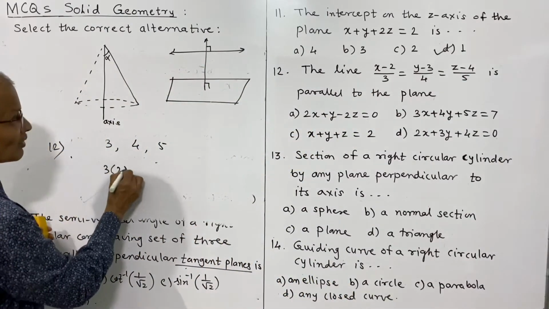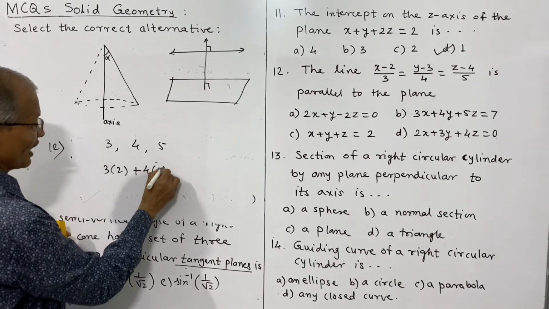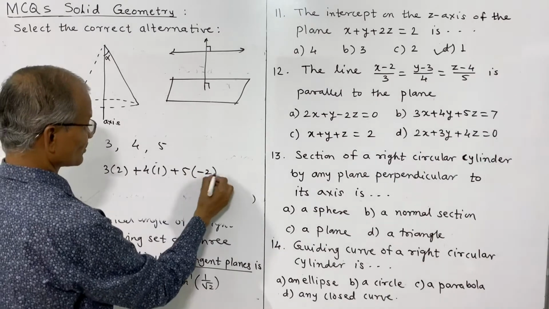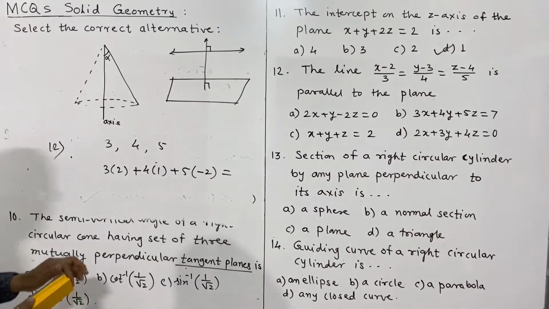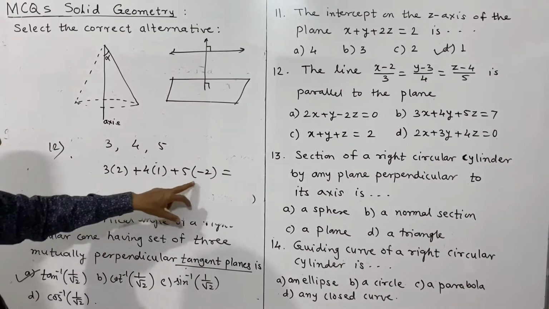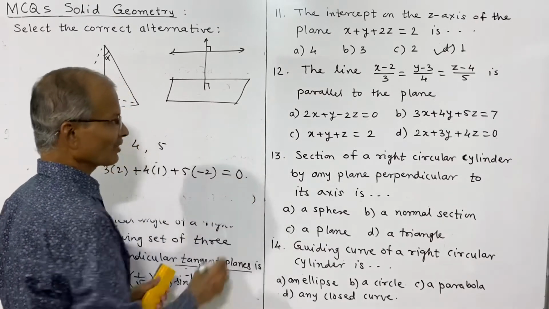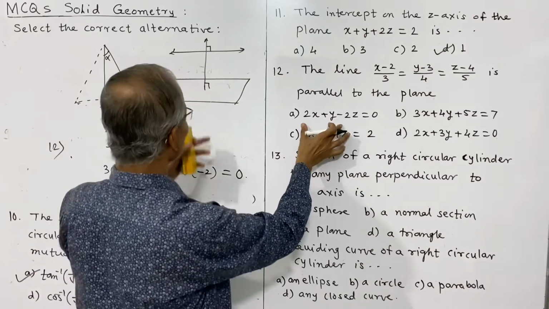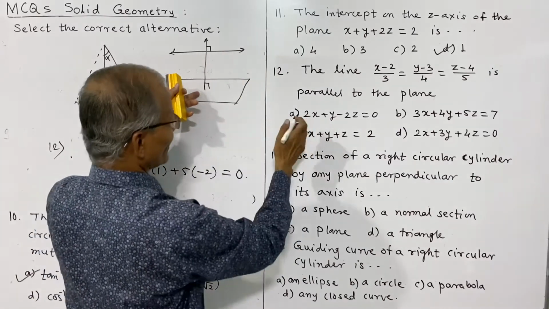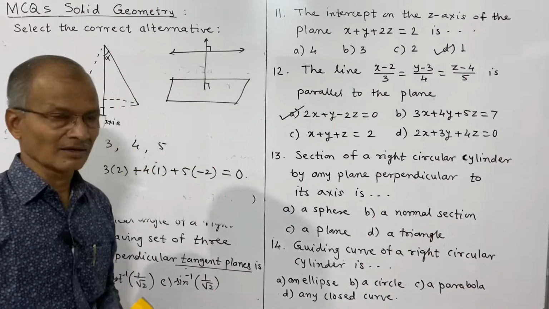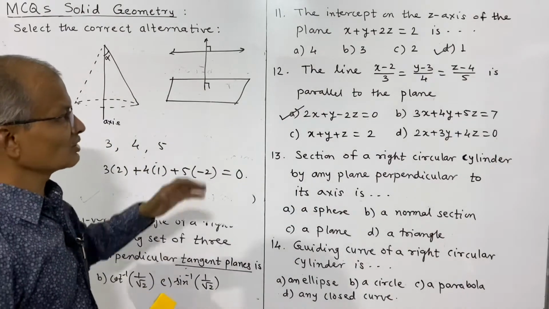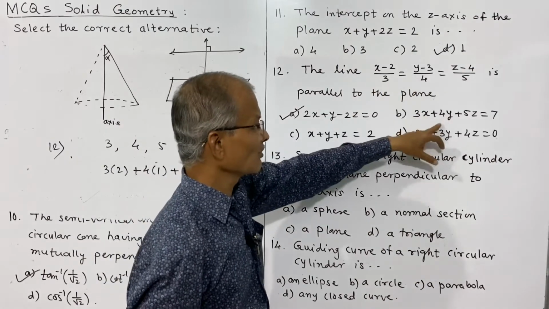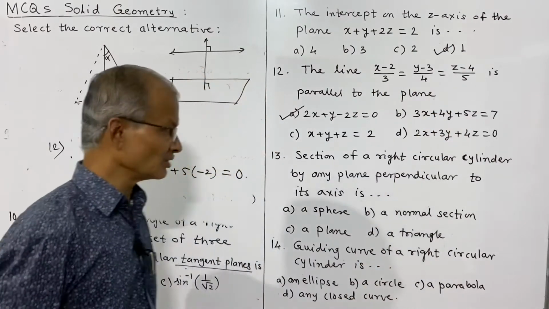So, 3 into 2, then plus 4 into 1, here it is 1, and plus 5 into minus 2. So, what is the resulting value? See, it is 6 plus 4 is 10, minus 10 is 0. So, therefore, it is satisfied by the first plane. Its normal is perpendicular to the line, and therefore, this is the correct alternative. So, in this way, we have to check the condition of perpendicularity, and the remaining will not satisfy this. 3 into 3 plus 4 into 4 plus 5 into 5, it is not 0.